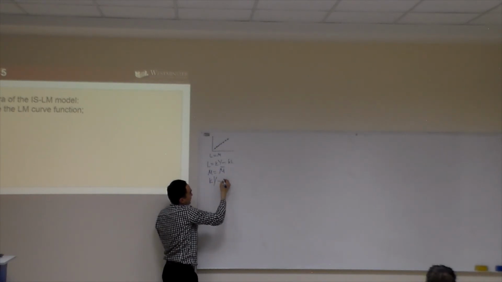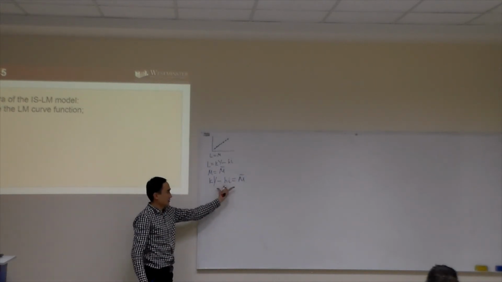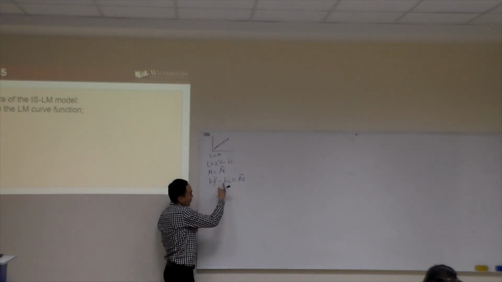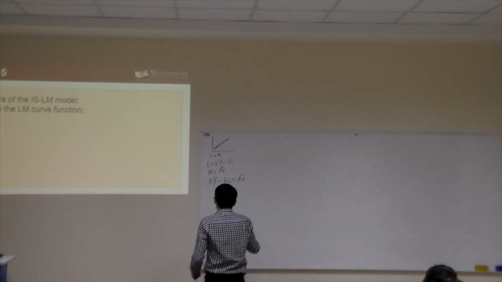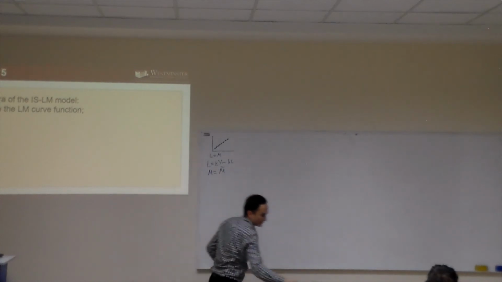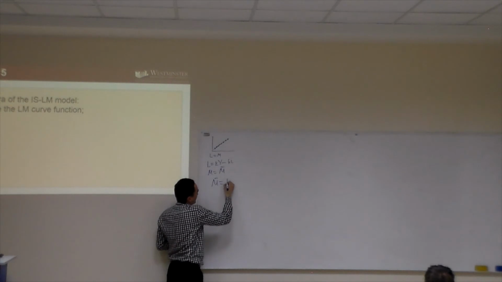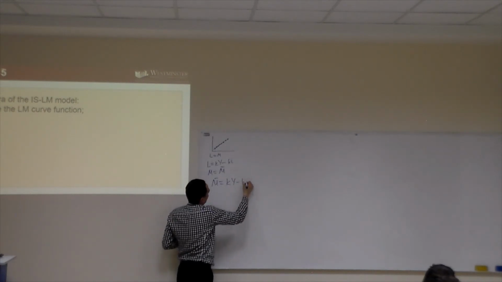So kY minus hi, where i is the interest rate, is equal to money supply. So this is the equilibrium point, the LM point. Right? So from here, let me write it. So our money supply is equal to money demand, kY minus hi.